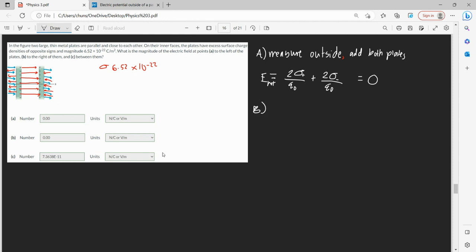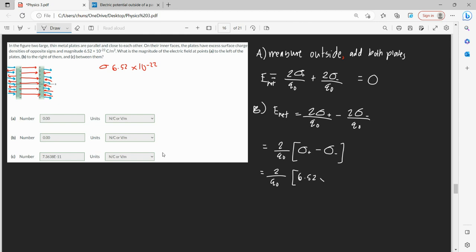For B, we are going to be subtracting those 2. So that's going to give us, we can factor this out, positive 1 minus negative. It's going to be 6.52 times 10 to the negative 22 minus our negative 6.52 times 10 to the negative 22.